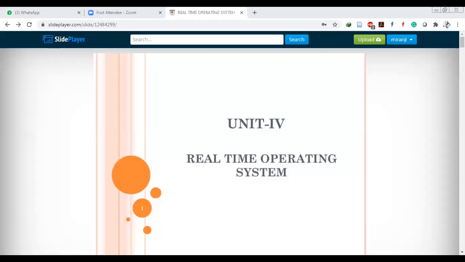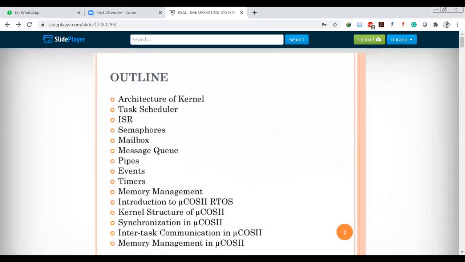See here, this is Unit 4, the real-time operating system. This is the entire outline of Unit 4. What are the contents available in that RTOS?